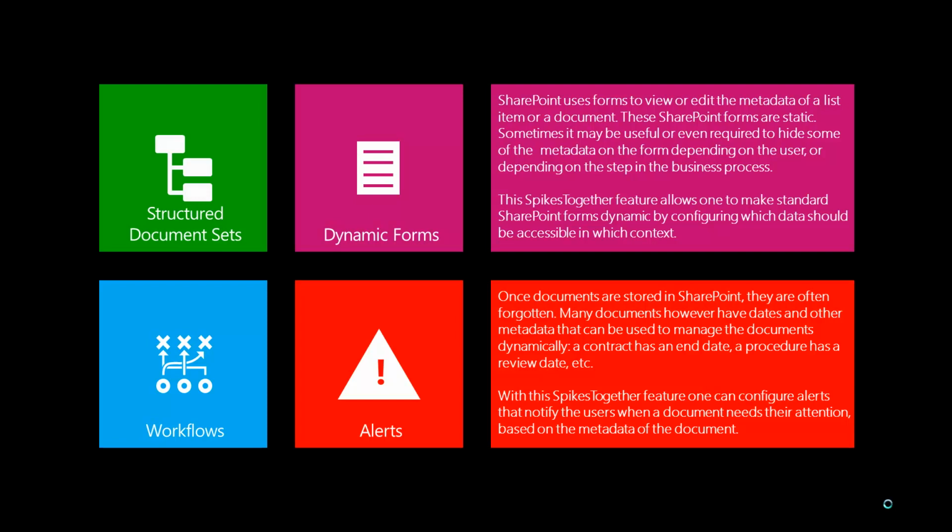Conditions that can be based on the metadata contained by the form. Last but not least, the context-aware alerts. This component extends the capabilities of standard SharePoint alerts by again making it possible to use metadata in the notification conditions.